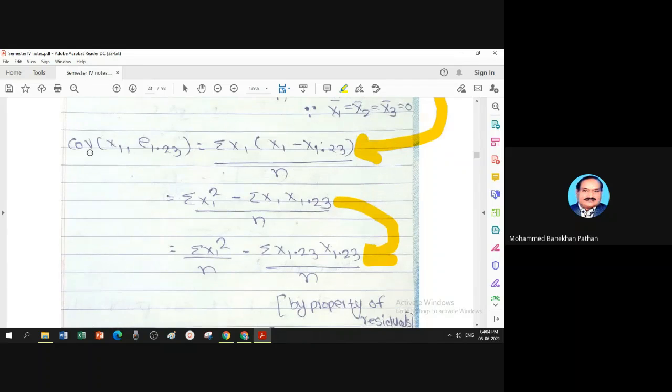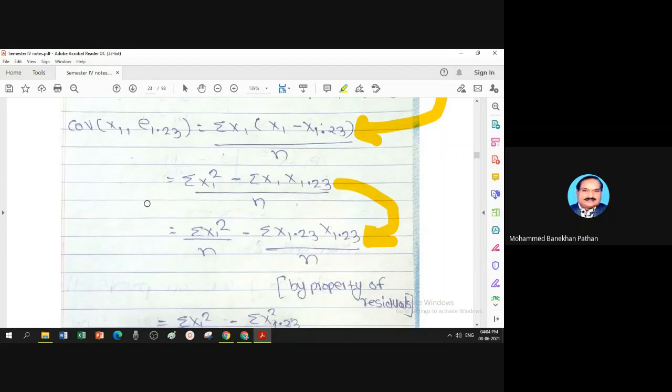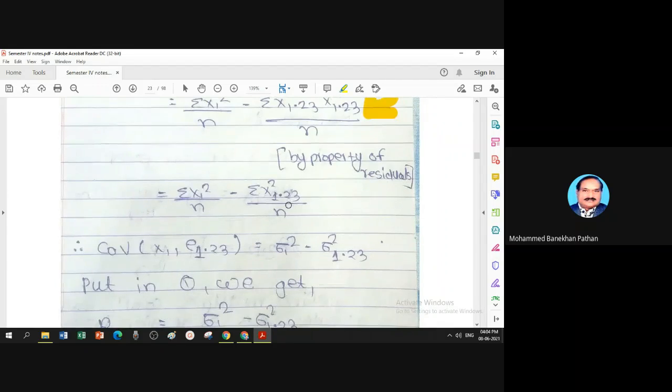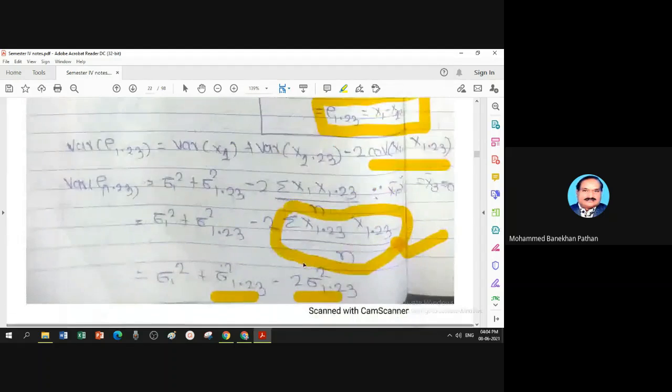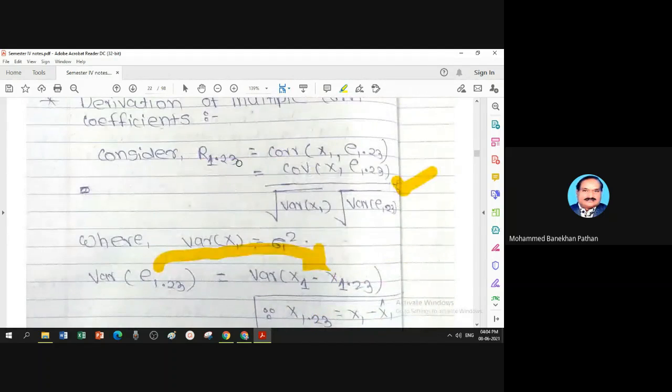Therefore, covariance of x1 comma E1.23 comes to this much, and that is sigma 1 square minus sigma square 1.23. So I got the numerator in my definition of the multiple correlation coefficient. I also got the denominator. I will put it in the definition of the multiple correlation coefficient, where R1.23 is the ratio of covariance to the root of variances of the quantities under study.